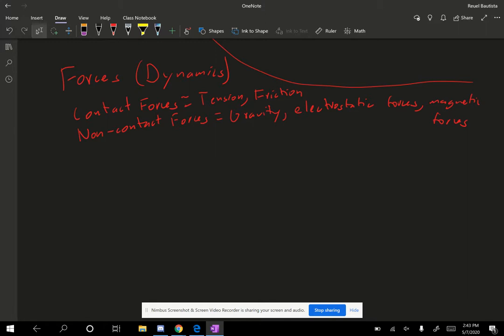So the idea here is that forces cause acceleration. Forces cause the change in velocity, either from 0 to 1, or from 1 to 0, or from 1 to 2. Forces will cause acceleration to happen.